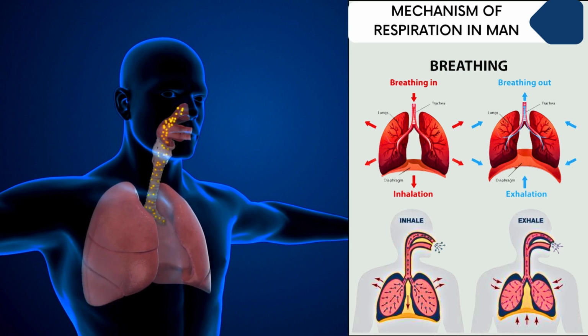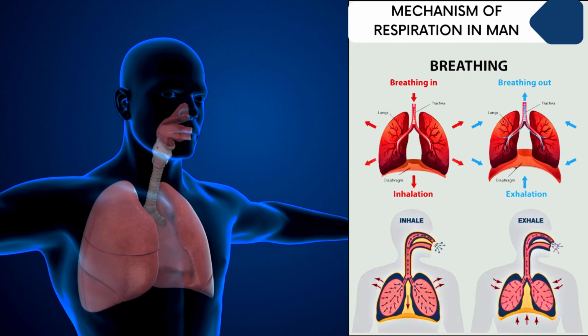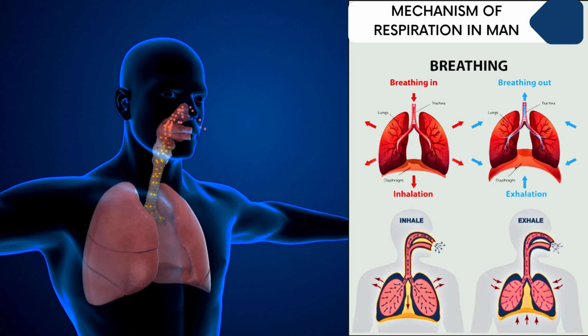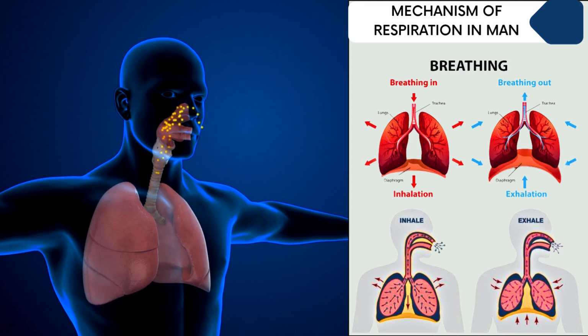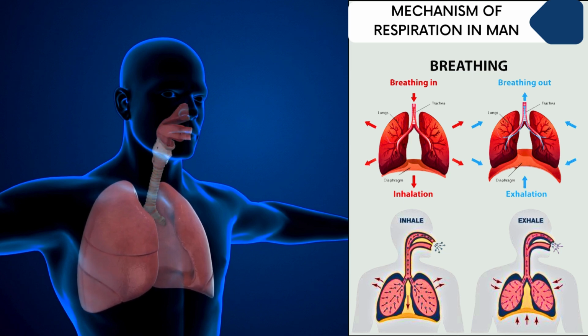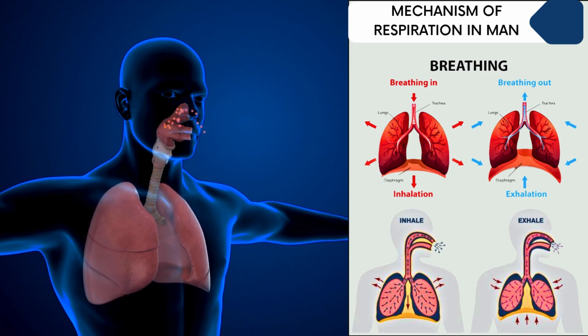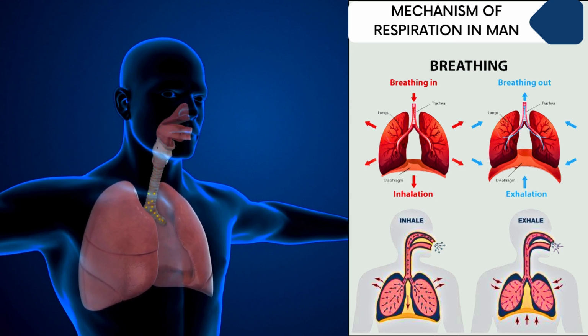The ribs are moved upward and outward. Then there is an increase in the volume and a fall in the pressure of the thoracic cavity. Consequently, air from the outside is drawn into the lungs or alveoli through the nose, the trachea, the bronchus, and the bronchioles, leading to an increase in the size of the lungs.